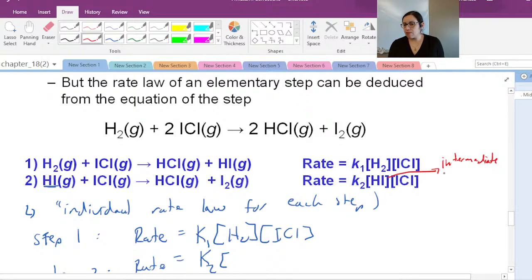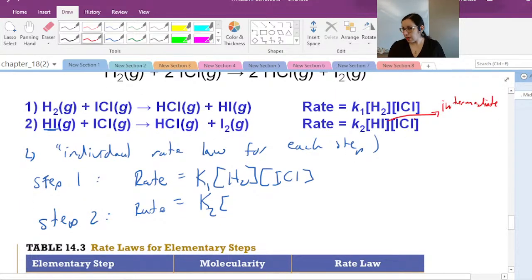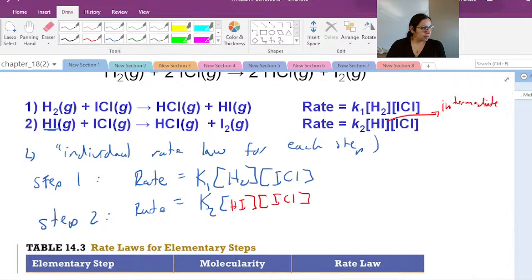But notice that HI is not in this direct expression. Again, we'll rearrange this mathematically, but we just kind of see that for this step. Okay, so now we have our intermediate HI, again, reacting with our one equivalent of iota chloride. So that's all that's done so far.